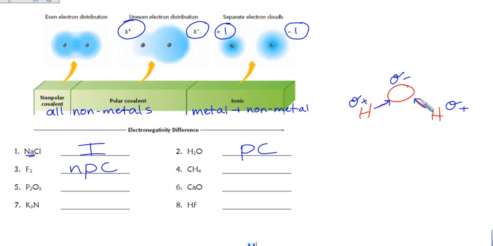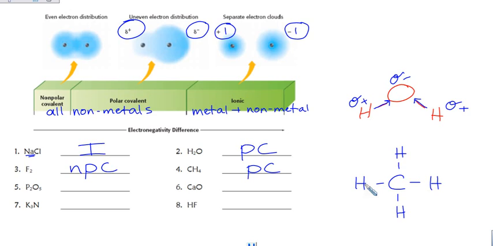Same situation with CH4. 2 nonmetals, but they're different. Polar covalent. This one has the carbon in the center, and then it's got 4 little hydrogens around the outside. And so again, there are 4 bonds. They're all the same. They're all bonds between carbon and hydrogen.